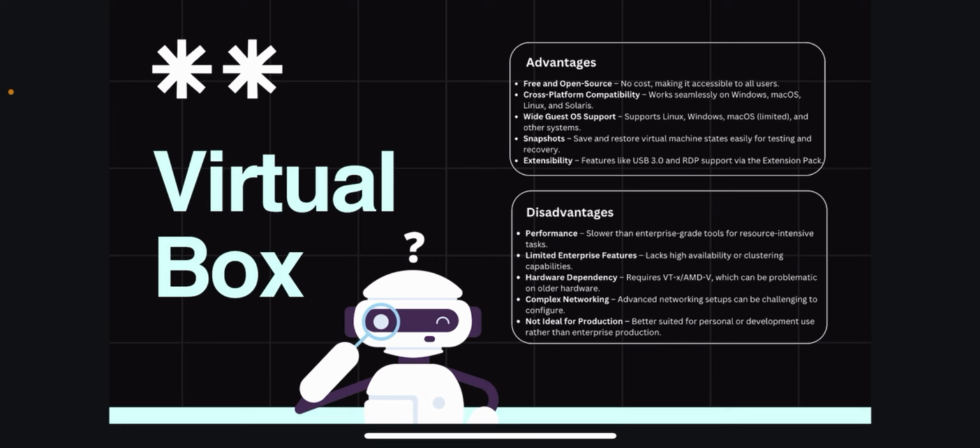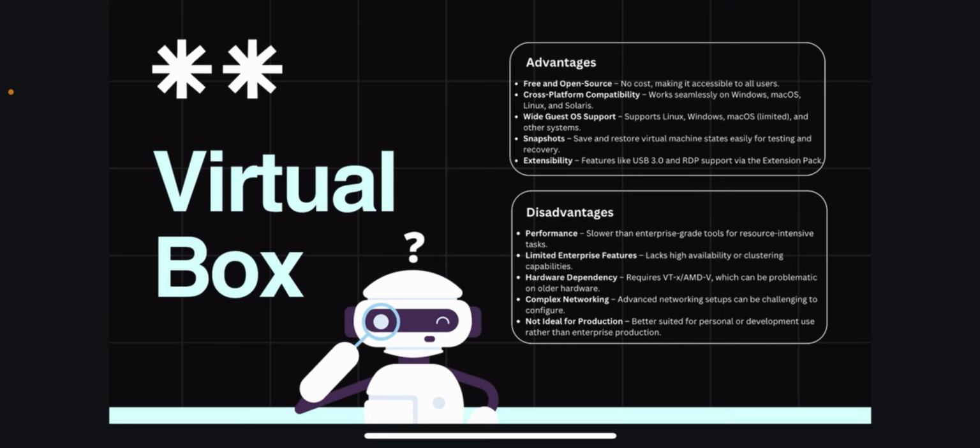Moving on to the disadvantages, first we have performance. VirtualBox, however, is slower than enterprise-grade tools for resource-intensive tasks. Limited enterprise features: VirtualBox lacks high availability and clustering capabilities. And then we have hardware dependency.